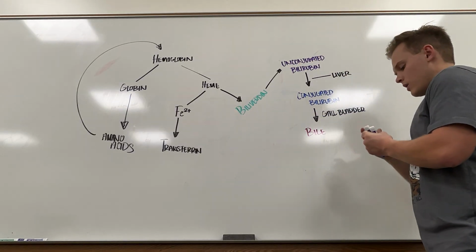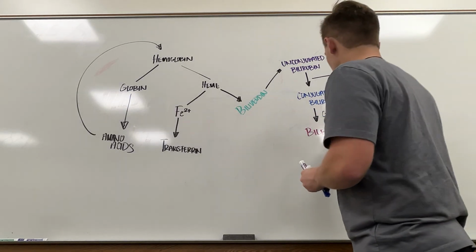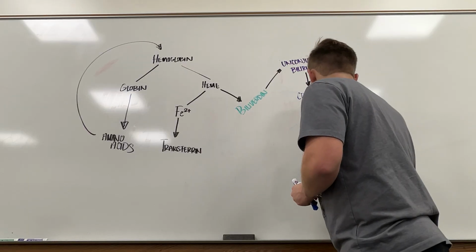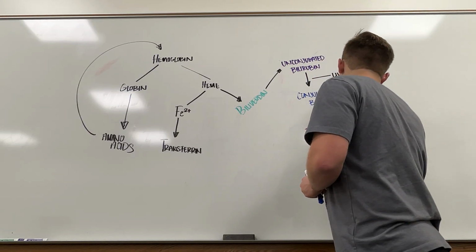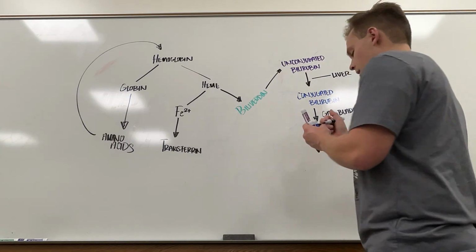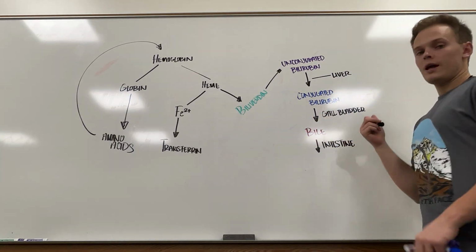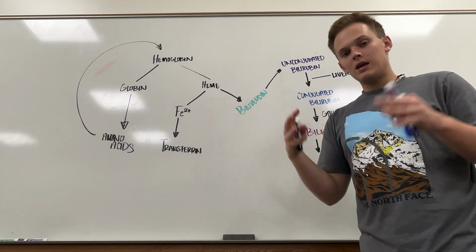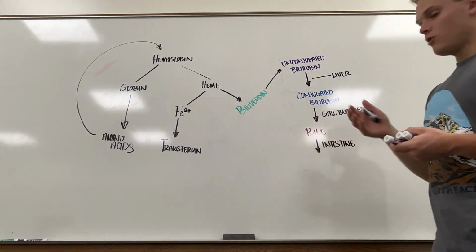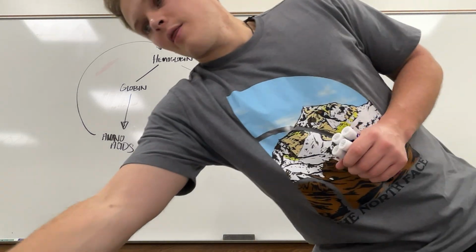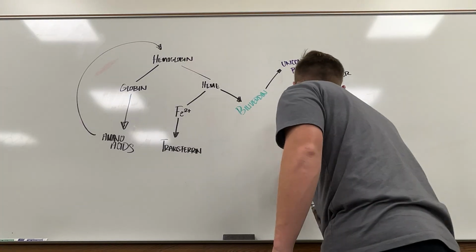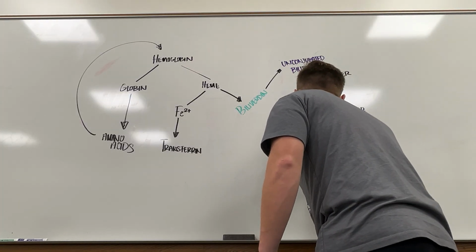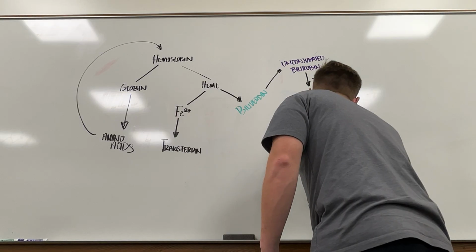Bile is going to make its way down to the intestine. In the intestine you've got lots of bacteria. Bacteria are going to eat the glucuronic acid because it's a sugar. When they eat it off your conjugated bilirubin, that turns it into something called urobilinogen.